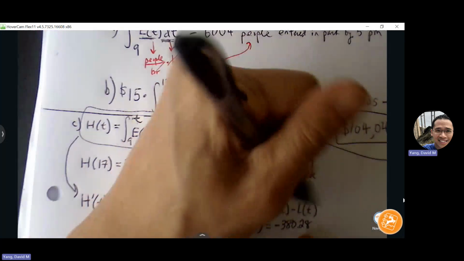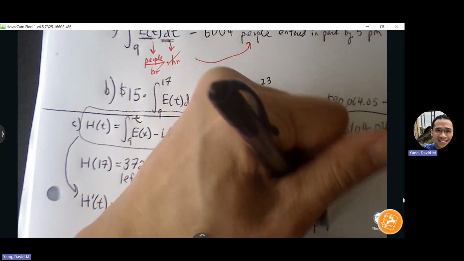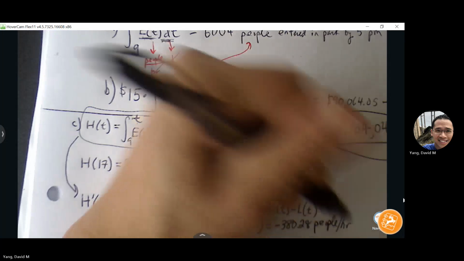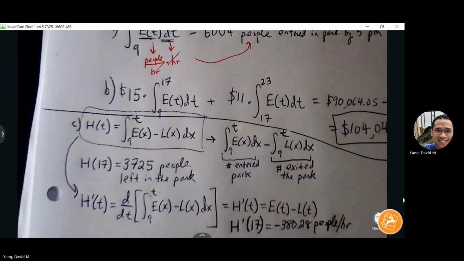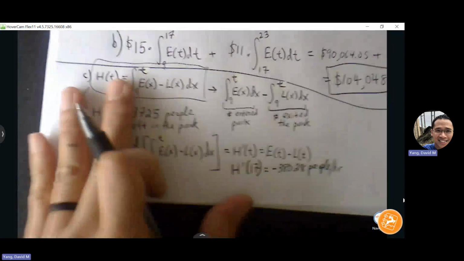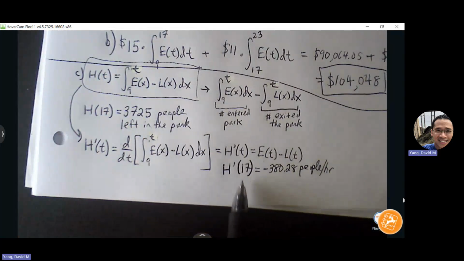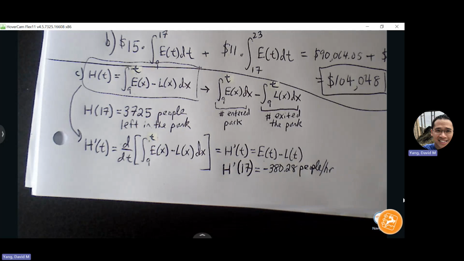The units is still going to remain the same. It's still people per hour. So this tells us that at 5 p.m., the number of people in the park is decreasing by 380 people per hour, right? And this sort of makes sense, right? That the population in the park is going to be decreasing because more people are going to be leaving than coming in.